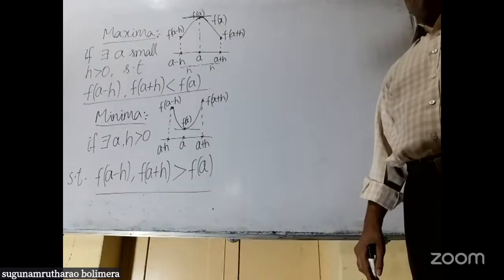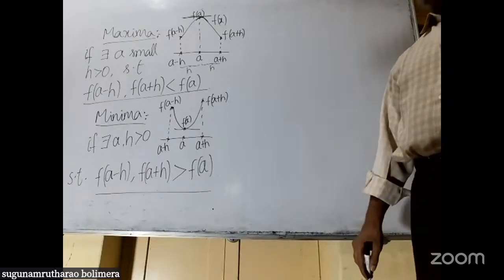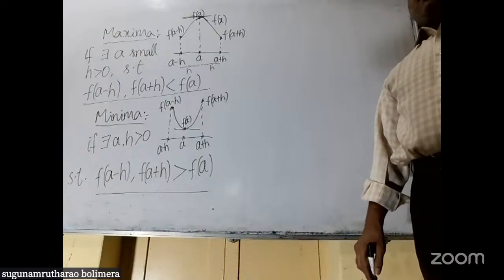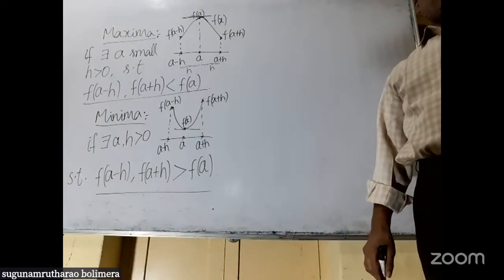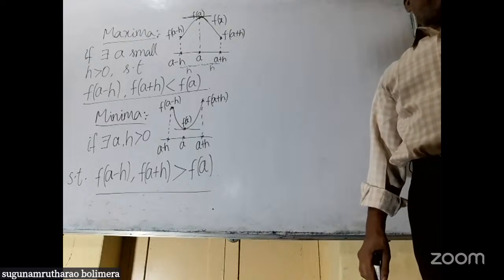And we say that the function f of x attains minimum at the point a, and f of a is known as the minimum value here.